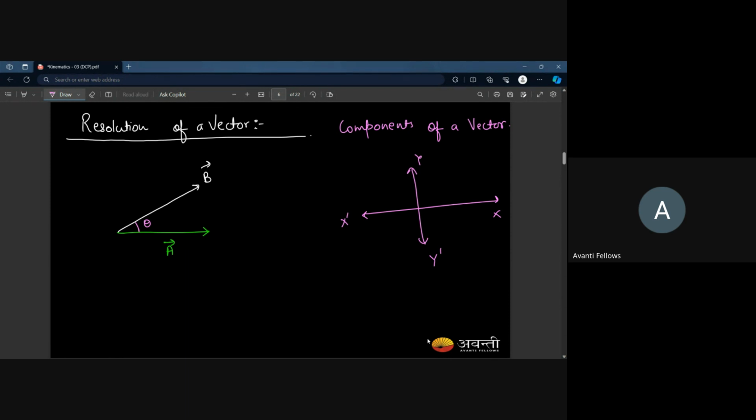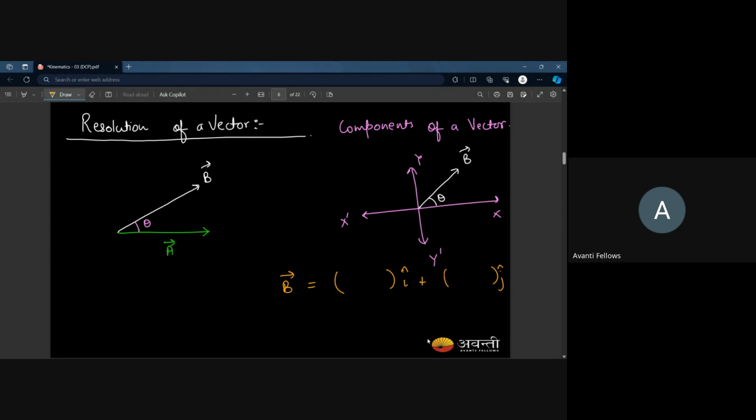This system is the Cartesian coordinate. So let's draw this vector B in this Cartesian coordinate system. It would be something like this, making some angle theta with the x-axis. Basically, resolution of a vector means that I can give this B vector as something i cap plus something j cap. Usually we go with two dimensions only.